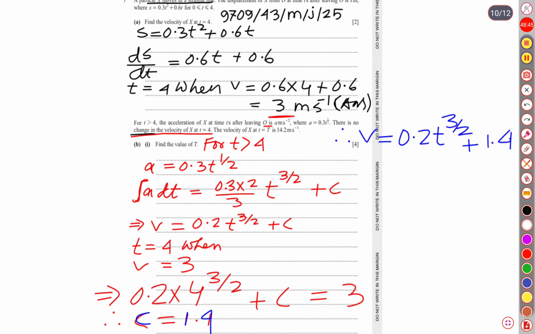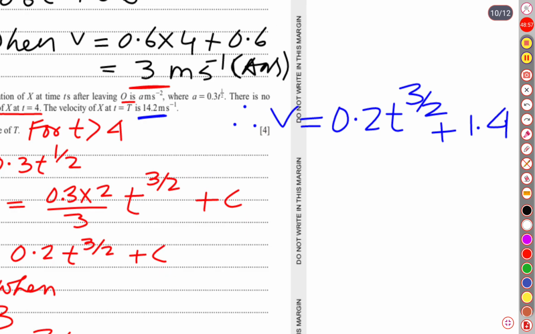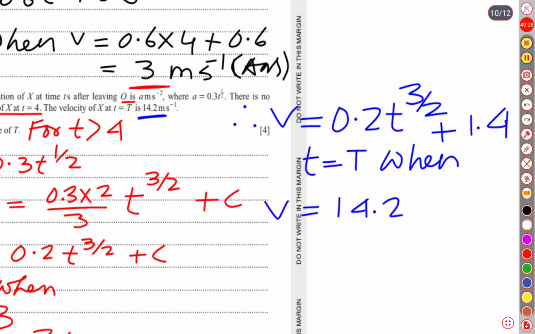Then they have told us to find the time when the velocity was given. It is written t is equal to uppercase T when our velocity V is given as 14.2. So let us substitute the values.